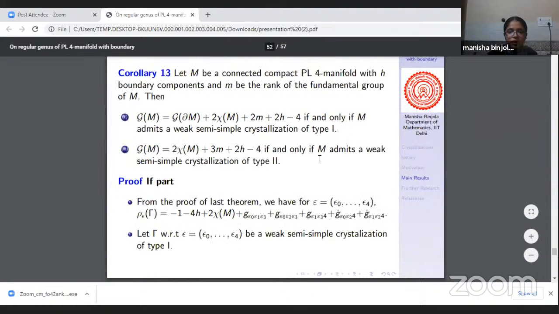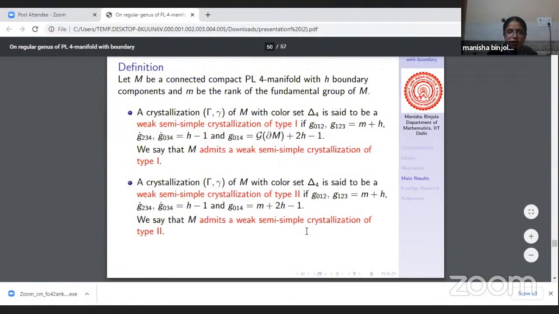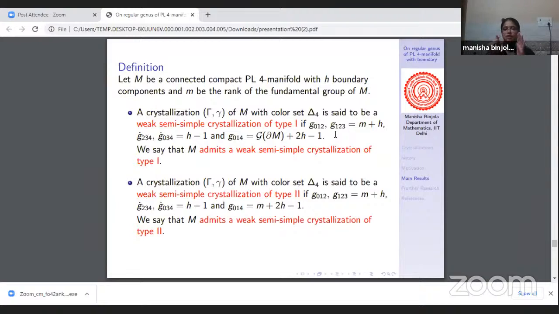Now, so we need here in the last definition, G012 equals M plus H. Okay. So G012 means if we have epsilon 0, epsilon 1, epsilon 2. So 0th position, first position, second position, it equals M plus H.